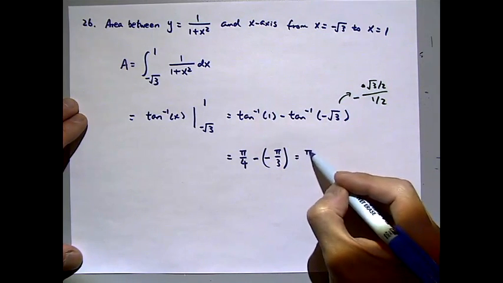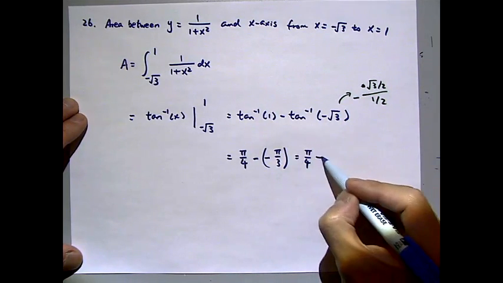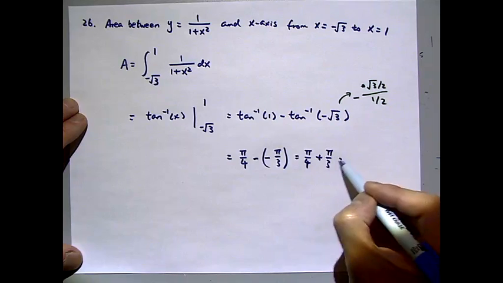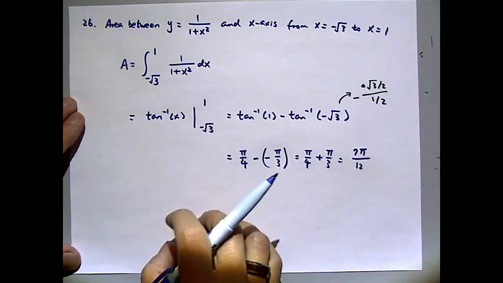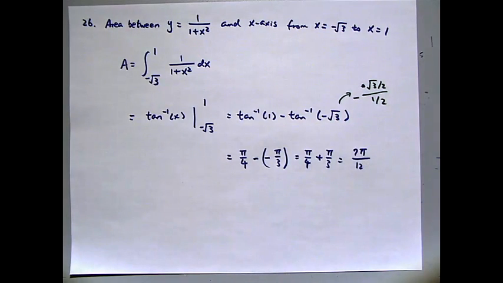So that's pi over 4 plus pi over 3, 7 pi over 12. Yeah. I'm sorry? Minus root.